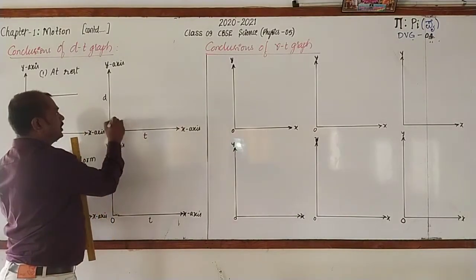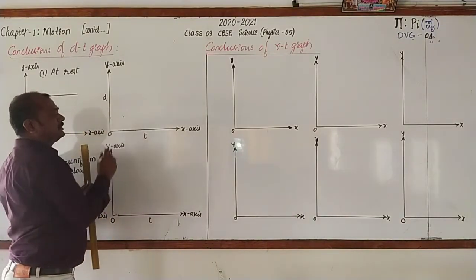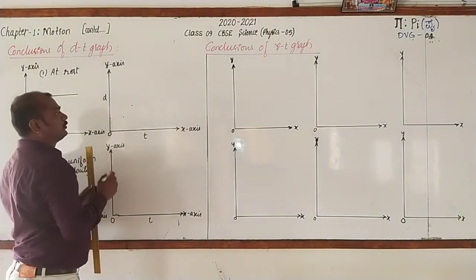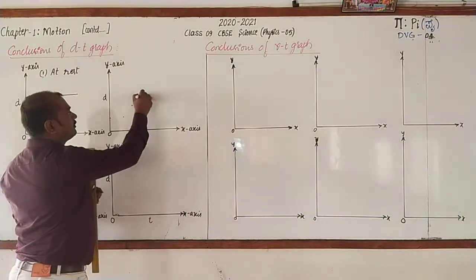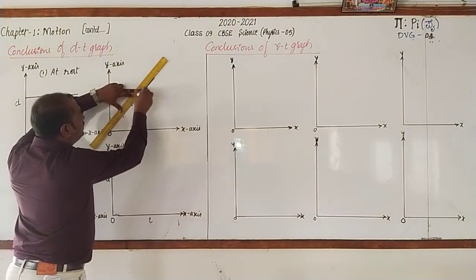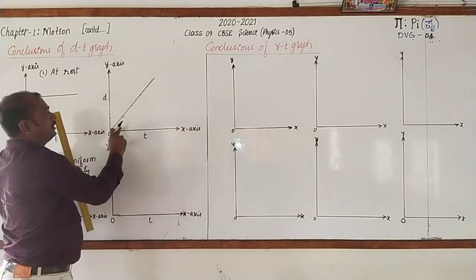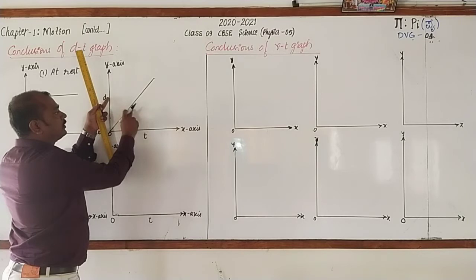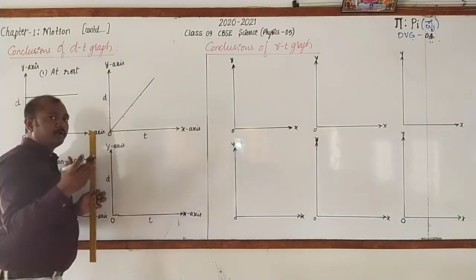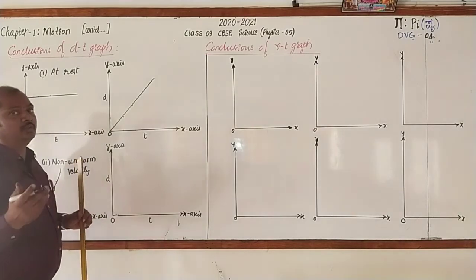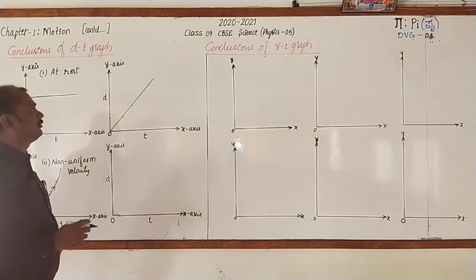Next, here again, after 1 second, assume that a body covers a distance of 2 meters. After 2 seconds, it covers 4 meters. After 3 seconds, it covers 6 meters. That means here the body is covering equal distances in equal intervals of time. So when a body covers equal distances in equal intervals of time, then it is called uniform motion or uniform velocity.